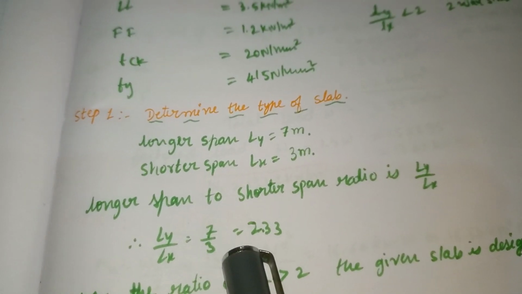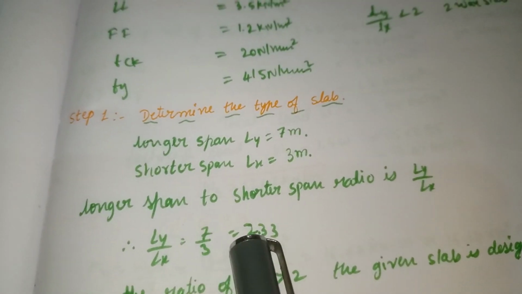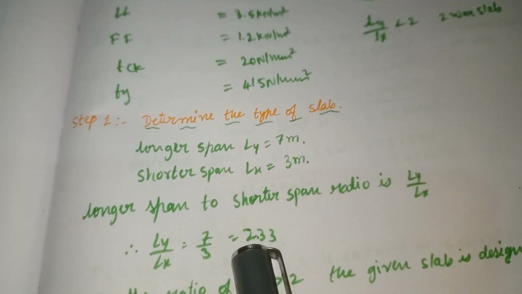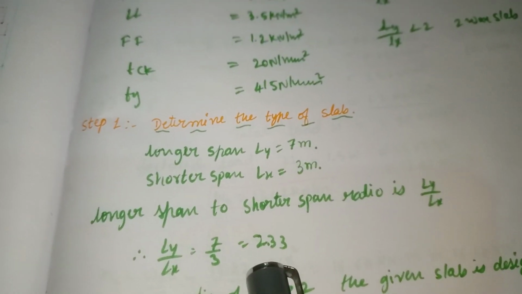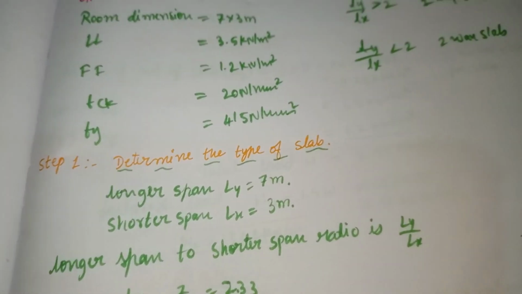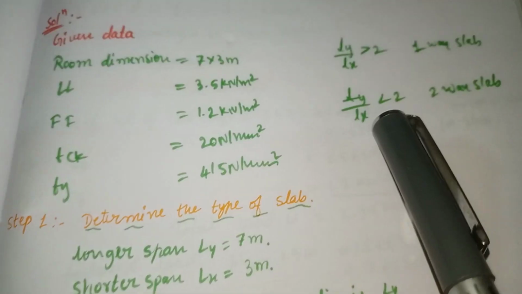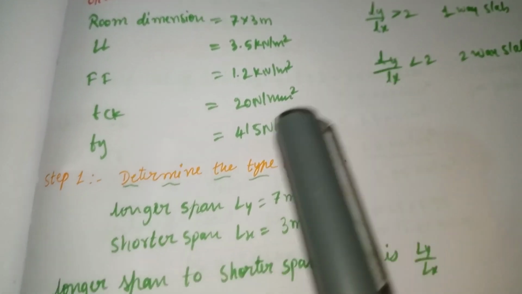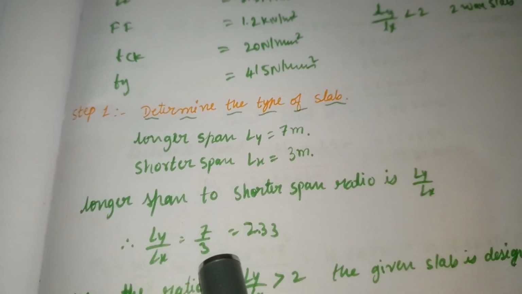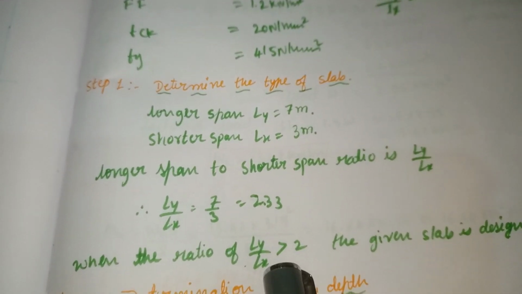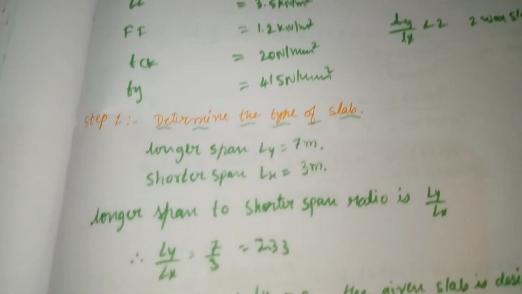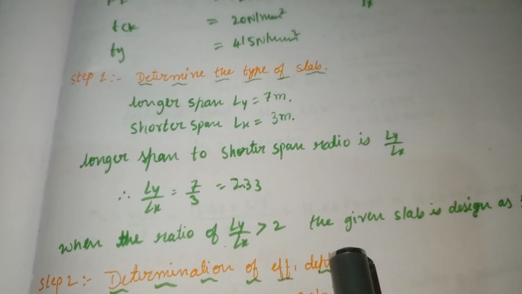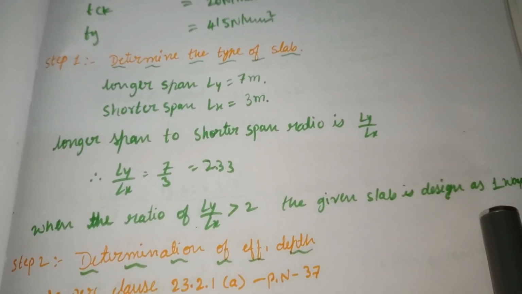By simplifying, we'll get Ly by Lx ratio as 2.33. It means our given slab is a one-way slab, because our Ly by Lx ratio is greater than 2, as I said earlier. So when the ratio of Ly by Lx is greater than 2, the given slab is designed as a one-way slab.